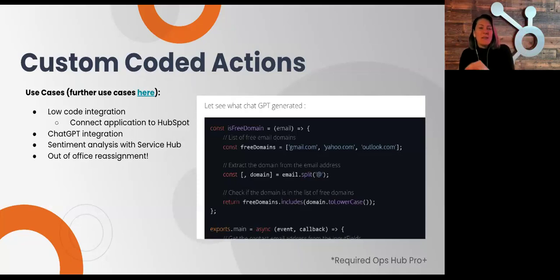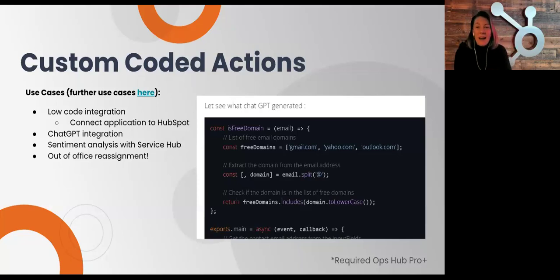Another really interesting one is sentiment analysis with Service Hub. Every time a customer reaches out to us via email or via the ticketing system, we put that conversation through a workflow, and there's a certain API that we trigger and push that information to. Within that API, there's the option to do a sentiment analysis. If somebody's saying, thank you so much, I love your product, that's a good sign.